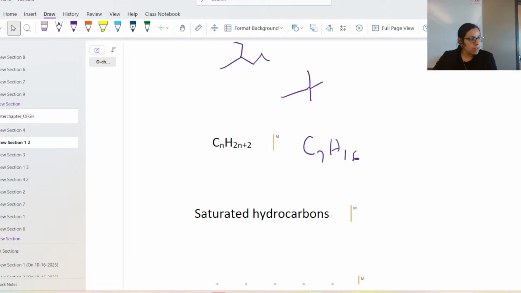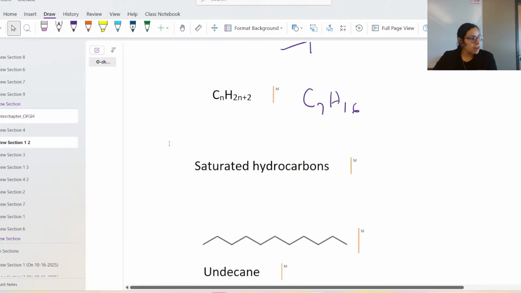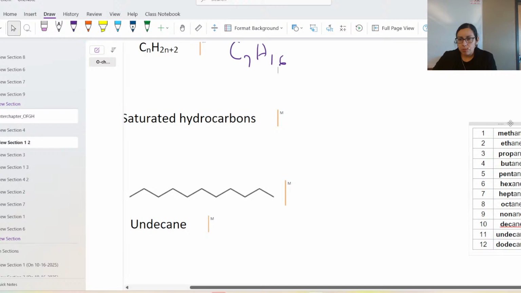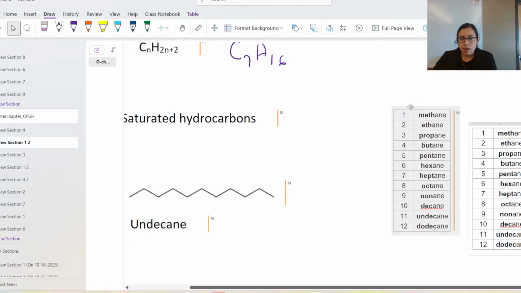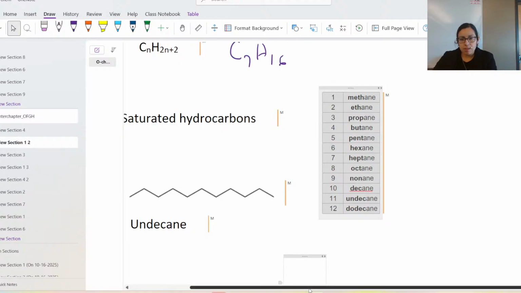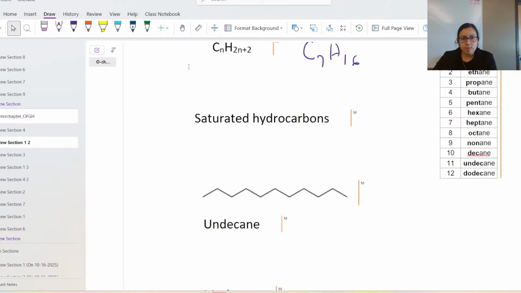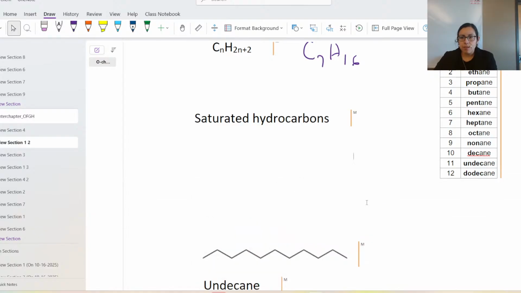And then we could look at our saturated hydrocarbons. Let's move this over. So this is how to name our saturated hydrocarbons with these prefixes. And y'all probably remember methane, right?